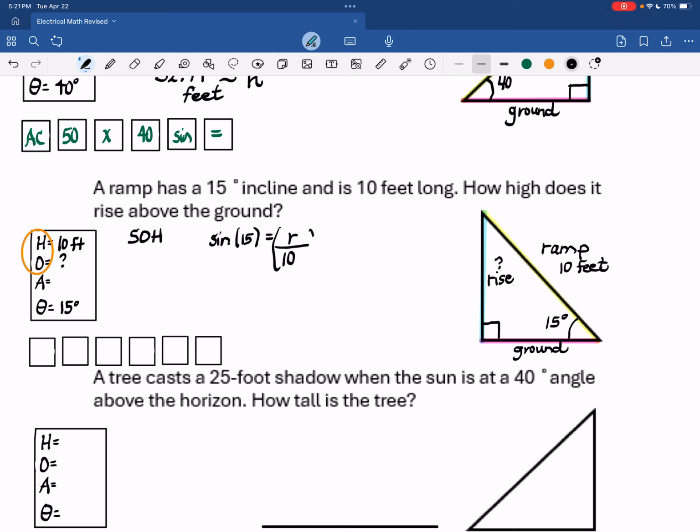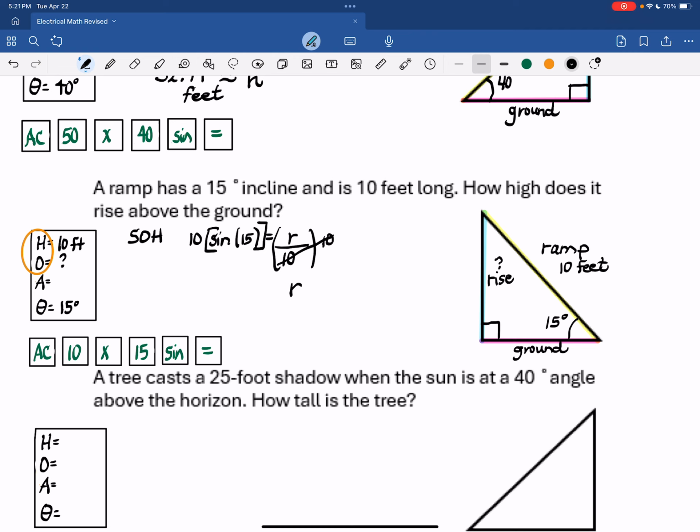And then we're ready to solve. So the 10s will cancel here. And I'm left with rise being 10, all clear first, 10 times 15 sine equals.